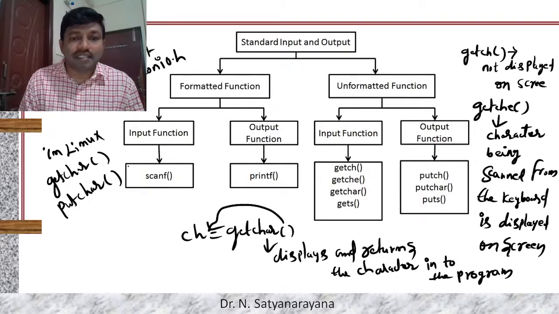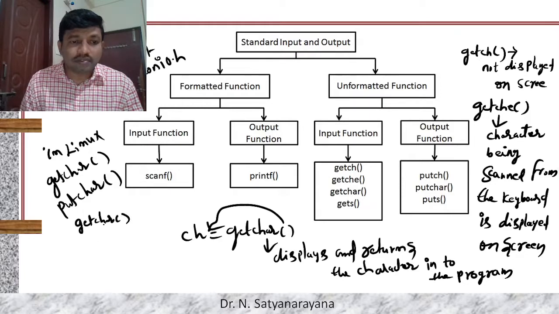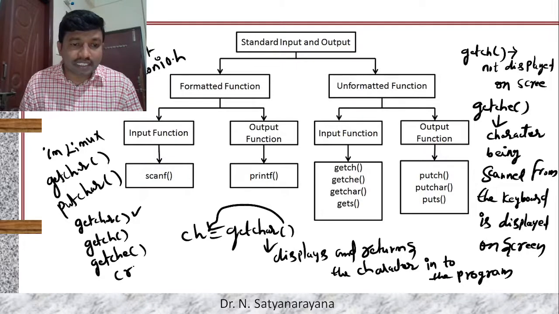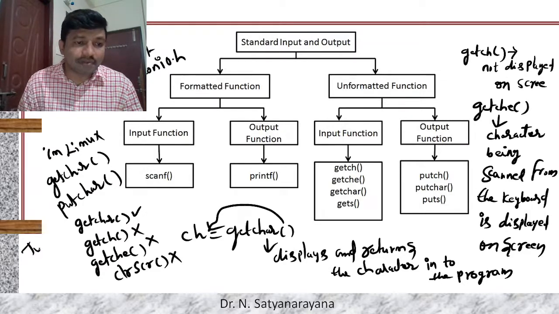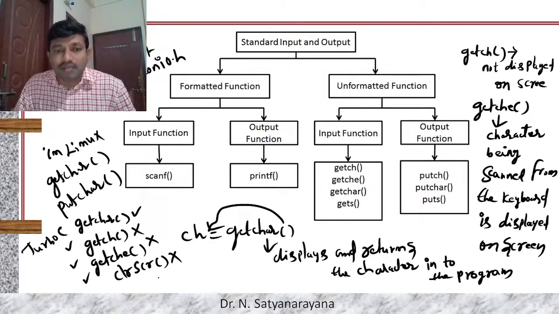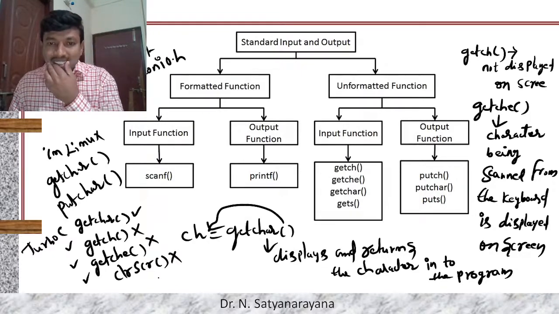That is the reason why functions like getchar will work out, but getche, including clrscr, will not work on a Linux operating system because conio.h is not supported. If it is a Turbo C compiler, then these functions also will work. Apart from that, nothing is new.